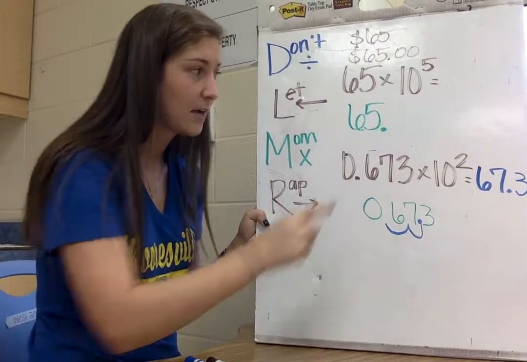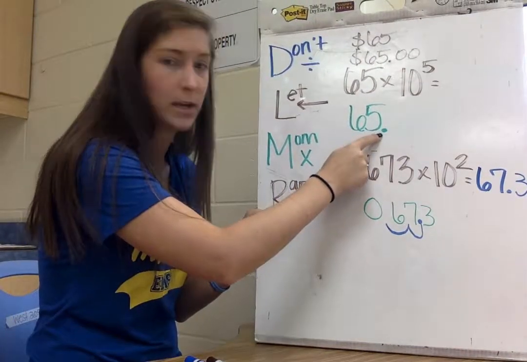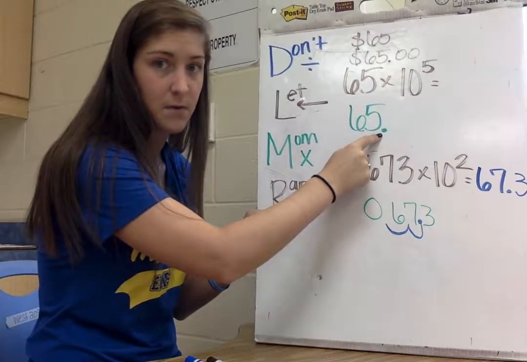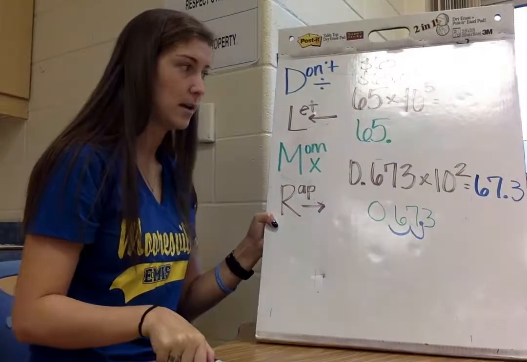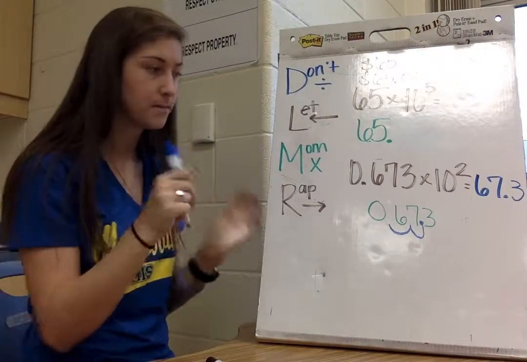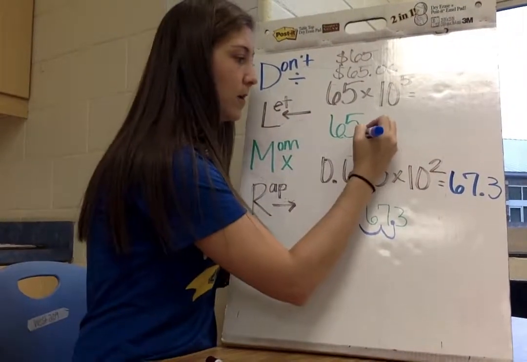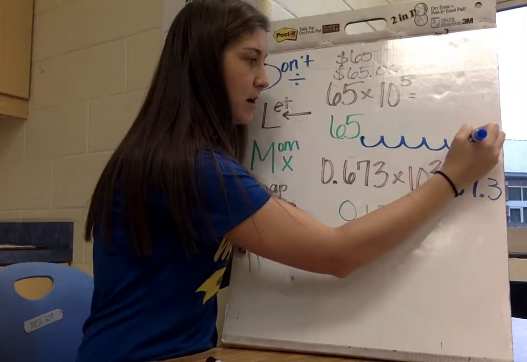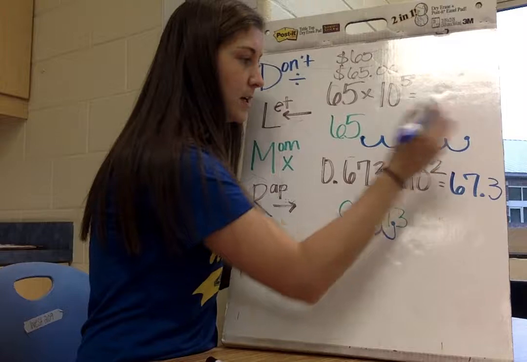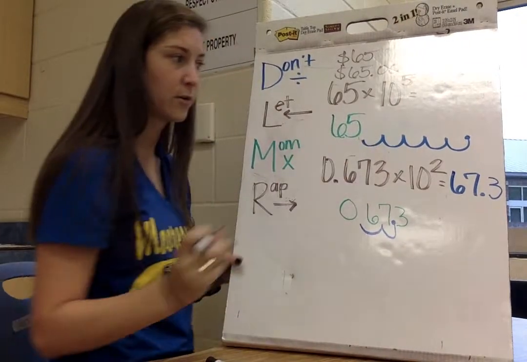Okay? Now, I have to move that invisible decimal point to the right because I'm multiplying, 5 times to the right. I'm going to take my blue marker and move it once, twice, 3, 4, 5 times. Here's my new decimal. I can erase my green one.